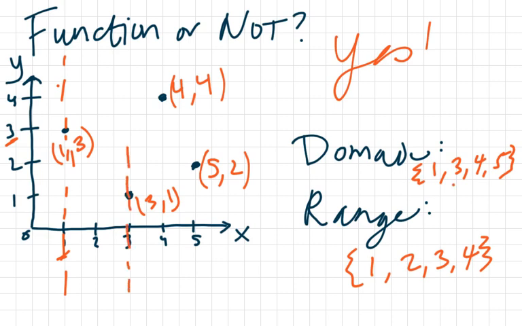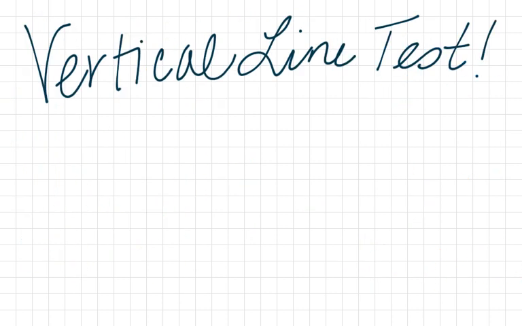Here, we have exactly 1 point that hits. At the domain value of 4, we actually have 1 point that hits, and at the domain value of 5, we have exactly 1 value that touches. So this is called the vertical line test. We use the vertical line test to test to see if something's a function.